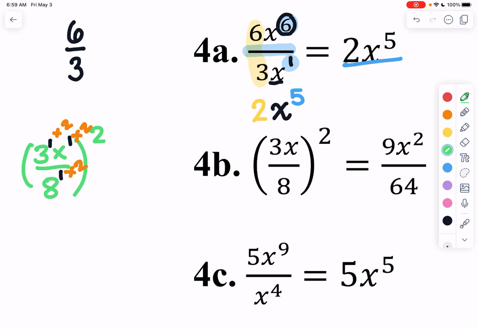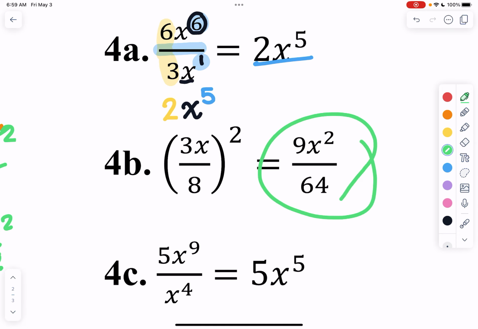And I'm going to do the ones on top first, so I have 3, drop the base, to the power of 1 times 2 is 2. X, drop the base, to the power of 1 times 2 is 2. And 8 to the power of 1 times 2 is 2. All right, the last step I can do to simplify this, because we see over here, this doesn't look just like it.